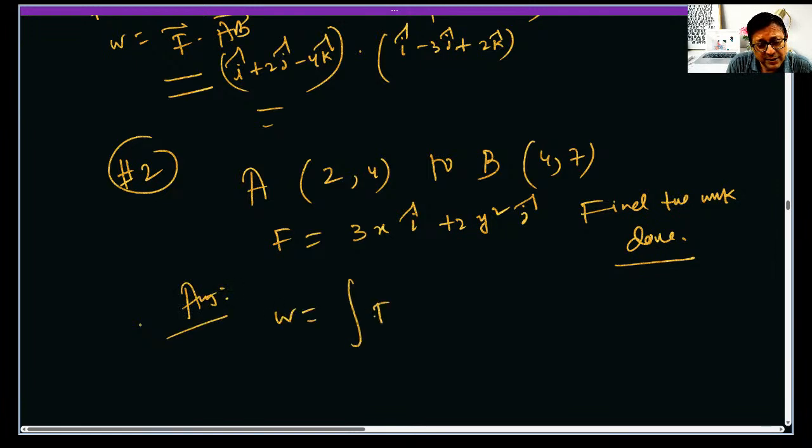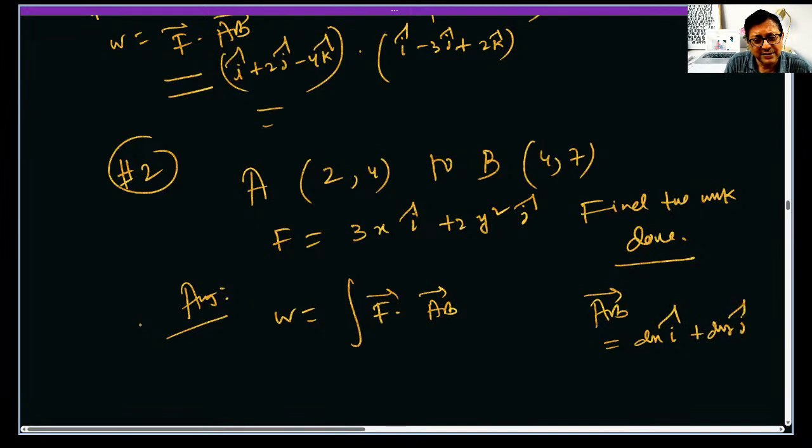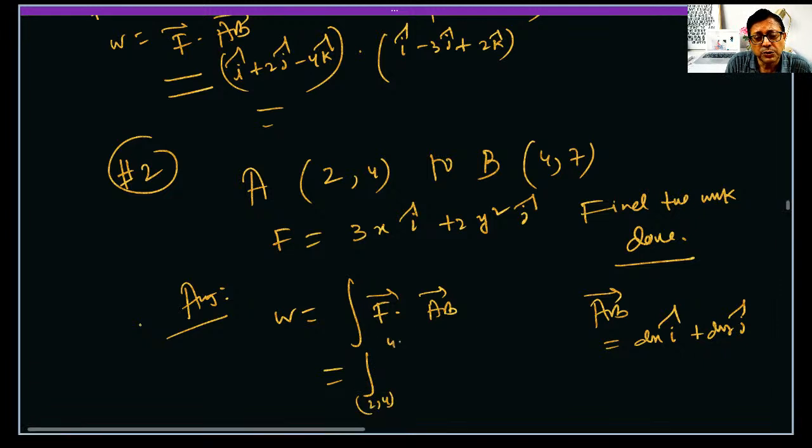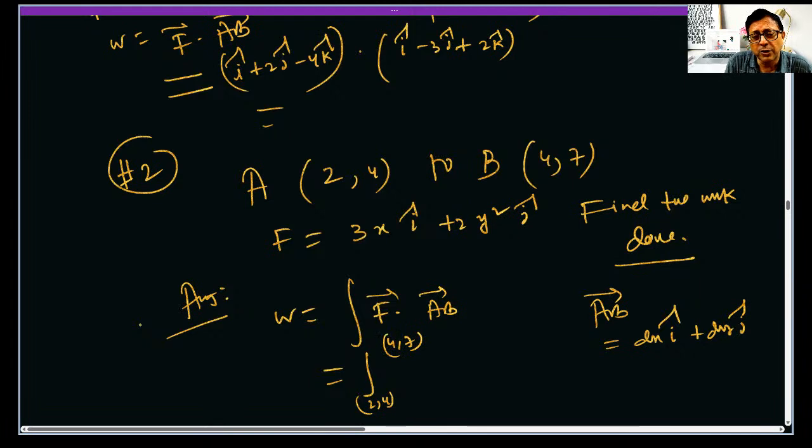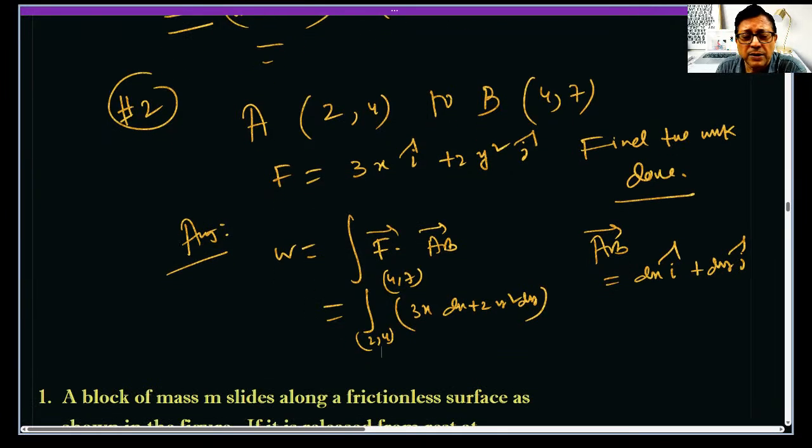W will be F dot AB, isn't it? AB you know, dx i plus dy j, and F is given here. So just take the dot product, from the point (2, 4) to (4, 7). If you take the dot product, it is going to be 3x dx plus 2y square dy. So how to do this?